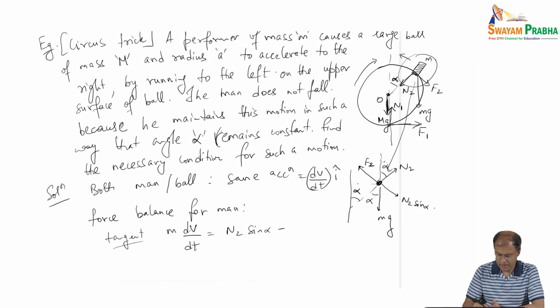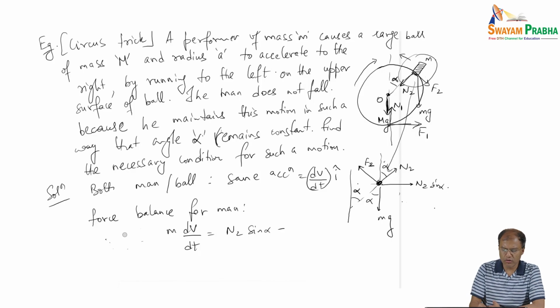What are we doing? I think something is not right here. So this is my N2 sin alpha, right? So this is along the x direction. We are writing the force balance along the two coordinate axes. So this is along the i hat: N2 sin alpha minus F2 cos alpha.